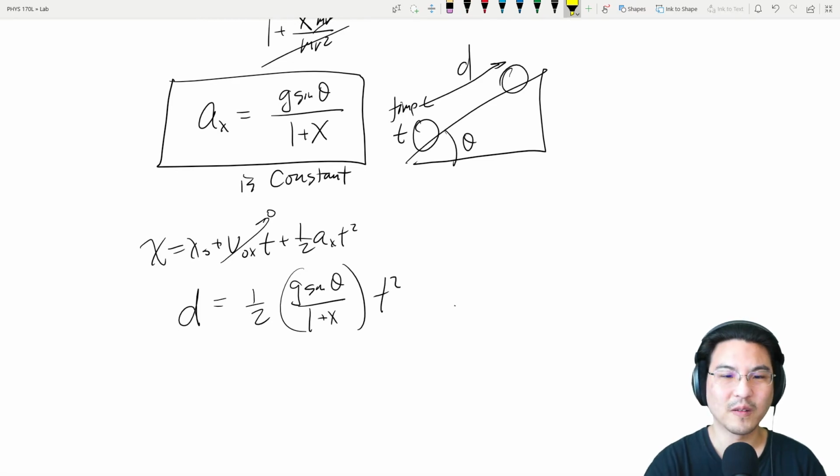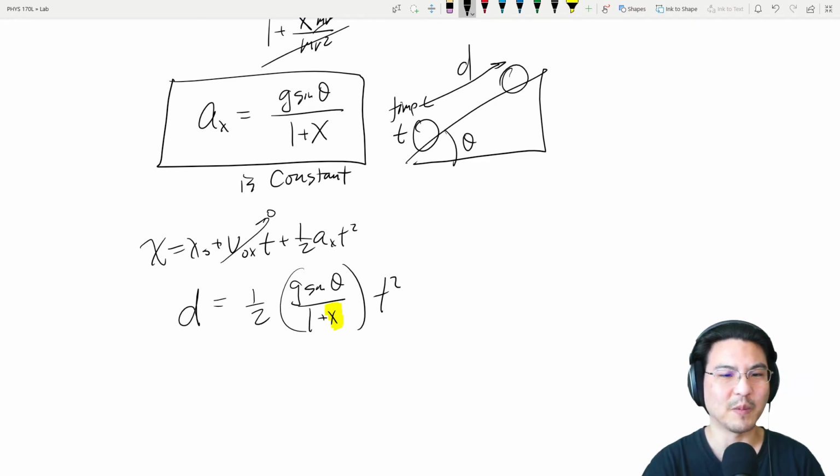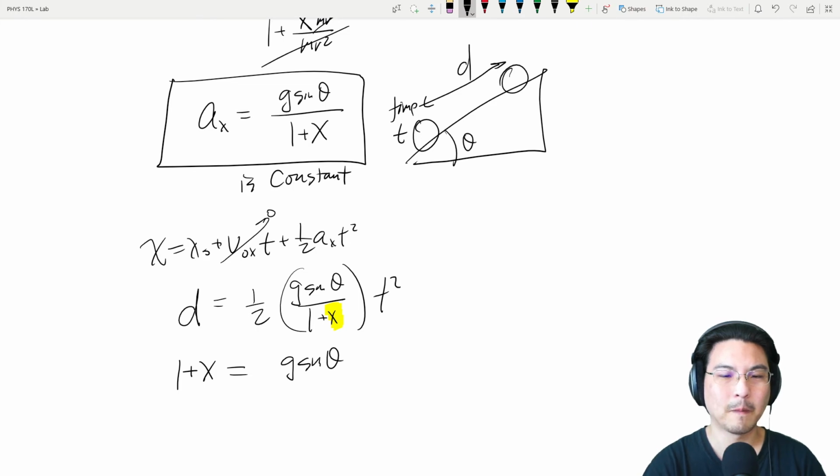Okay, and then let's solve for this coefficient. Okay, so I can maybe leave you to do that. Or here, right, just move this over here. Let's just exchange these two. So then g sine theta, then there's t squared in the numerator.